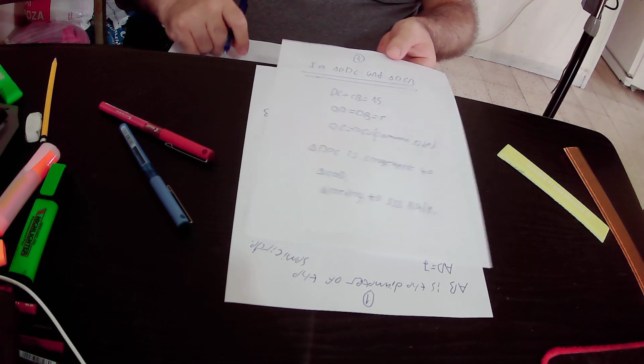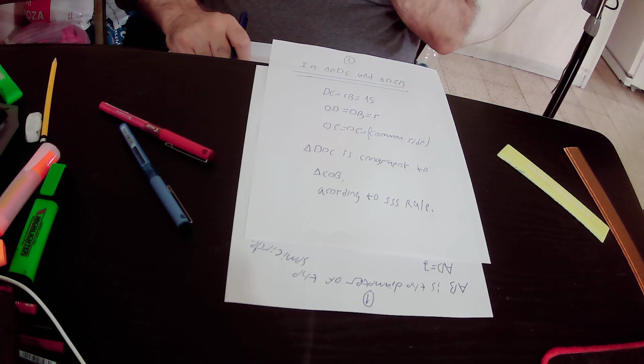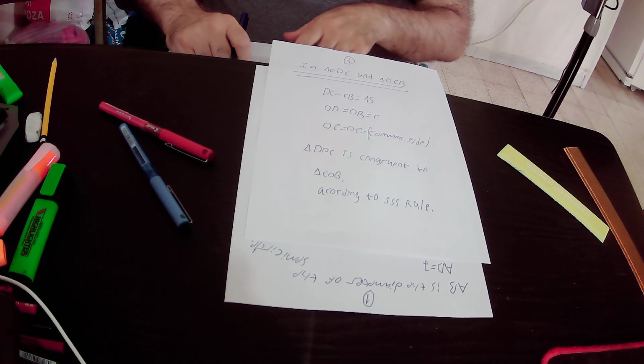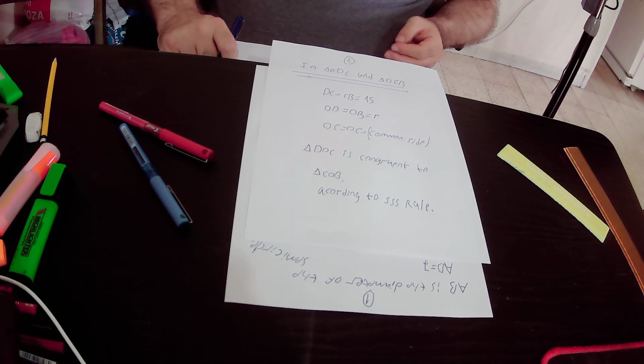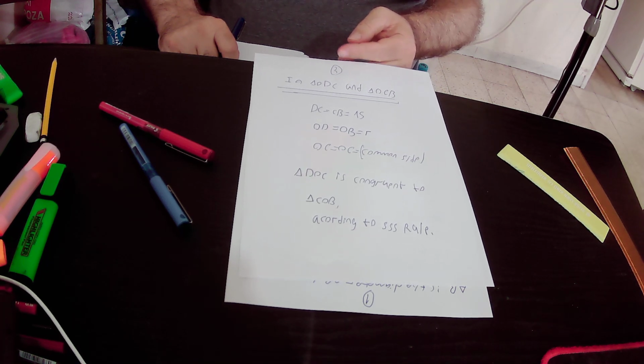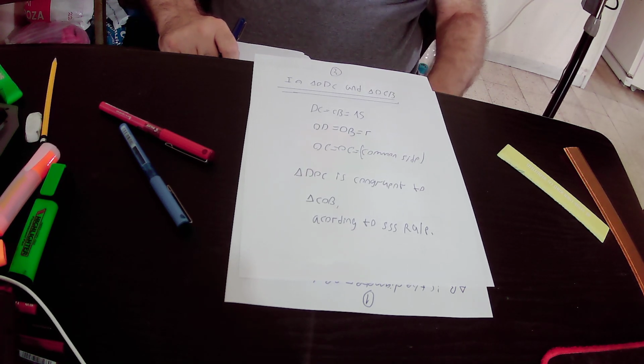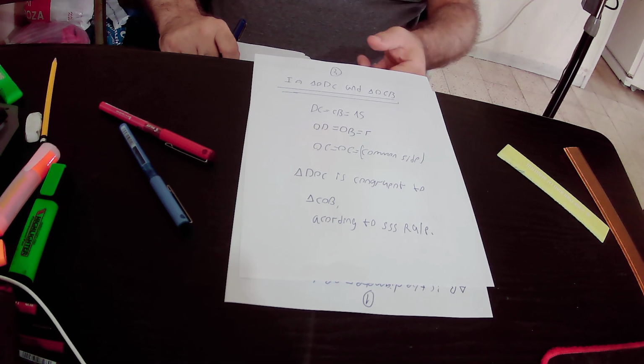So when you prove that all the sides of one triangle are equal to all the sides of the other triangle, then you prove that those two triangles are congruent to each other according to the side rule.